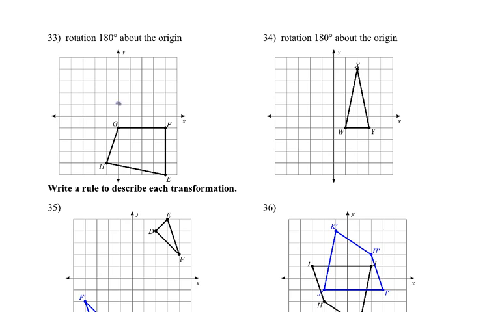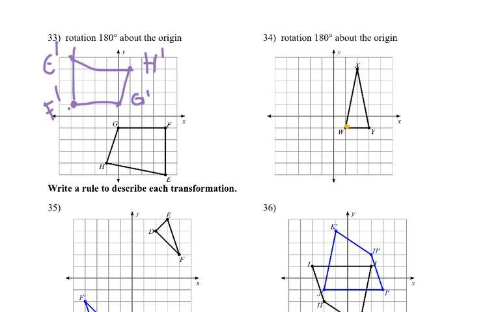So G now jumps up to there, G prime. H goes past, so it'd be up there at H prime. F is clear in the back, but the same as G, so it'd be right here at F prime. And E, same idea. E prime. So that's a way you can kind of visually try to do it. But again, if you don't want to do it visually, you can look at their points.